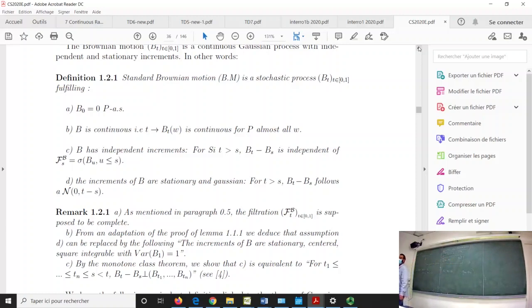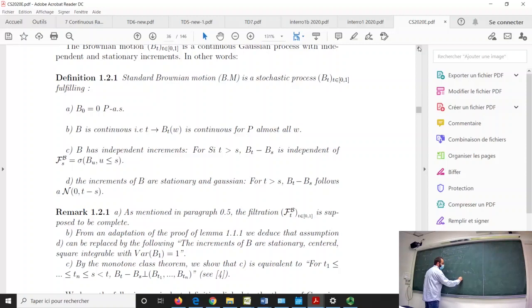This one is a Gaussian vector. Why? Because I know that all of them are Gaussian and independent. So using the point D and the point C in the definition, from the definition, this one is a Gaussian vector.